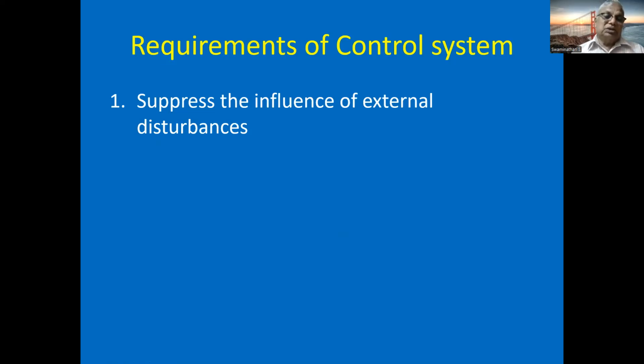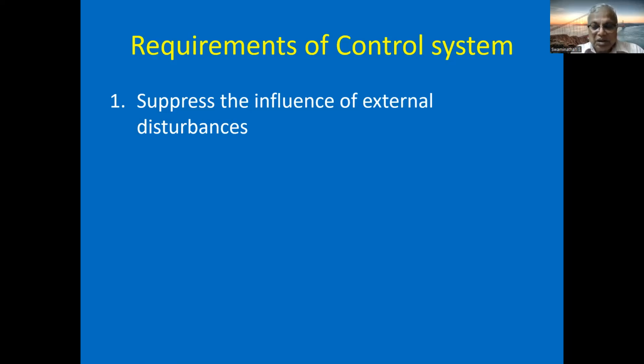So the first requirement is that it should suppress the influence of external disturbances. Let me go back to the example of the heater, where I said a known quantity of oil, say 100 kg per hour, is heated from 30 degrees to 70 degrees. That is the objective. You design a process, you find a heater of specified size, and your design specifies how much steam is required at what temperature.